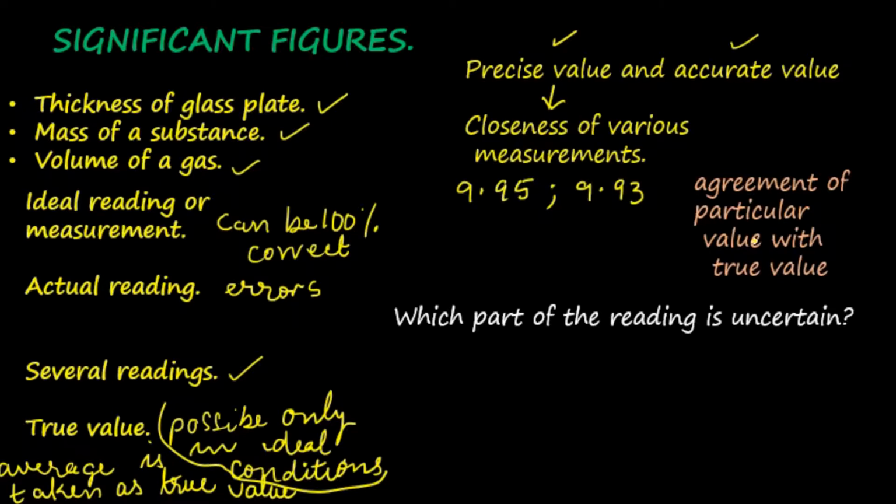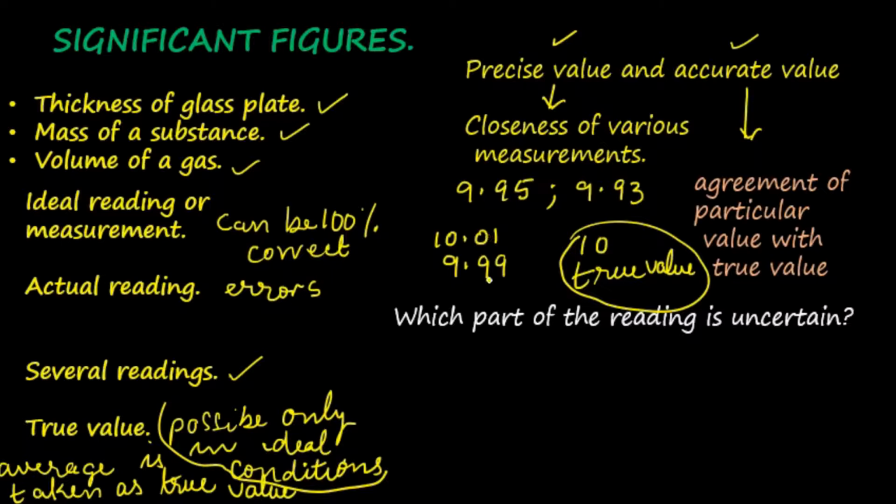Then what is accurate value? If the reading agrees with the true value, then it is an accurate value. Then what is accuracy? Agreement of a particular value with the true value is accuracy. Say for example, consider two readings 10.01 and 9.99 and the true value is 10.